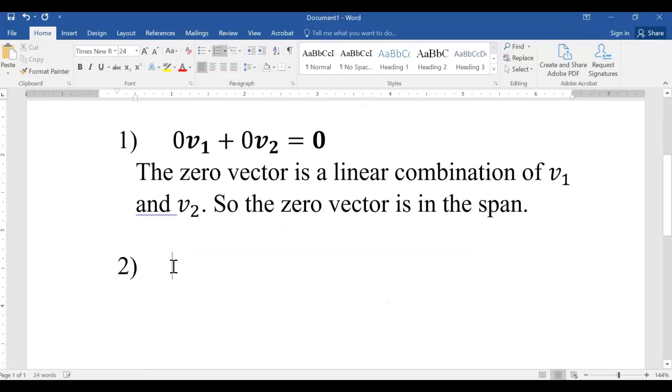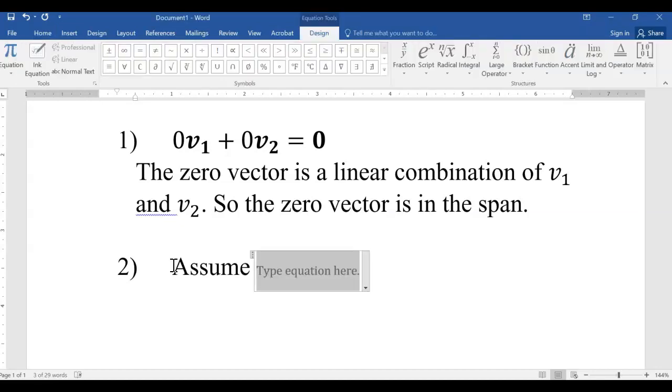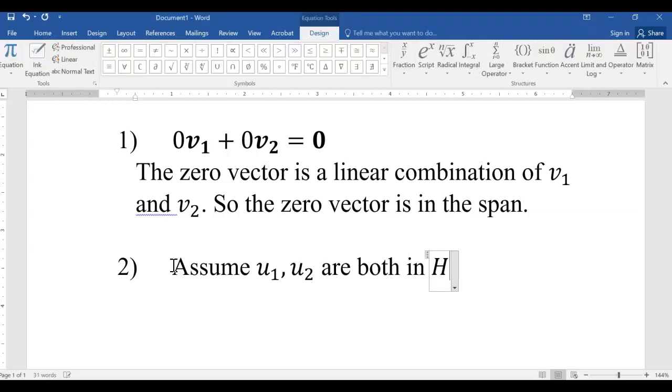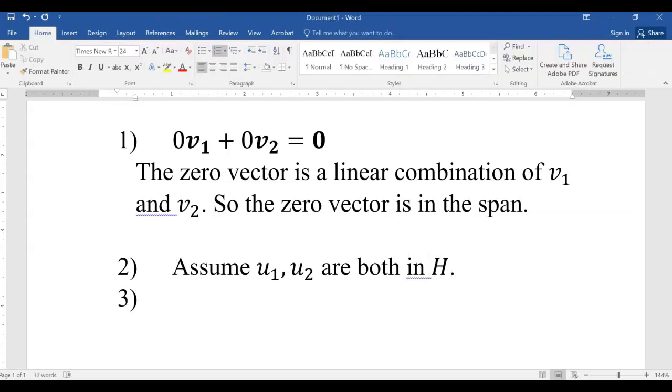Now let's look at the second property, the closure under addition. So let's assume that we have 2 vectors that are in our set. We'll call them u1 and u2, and they are both in H. So if u1 and u2 are both in H, then what about their sum?